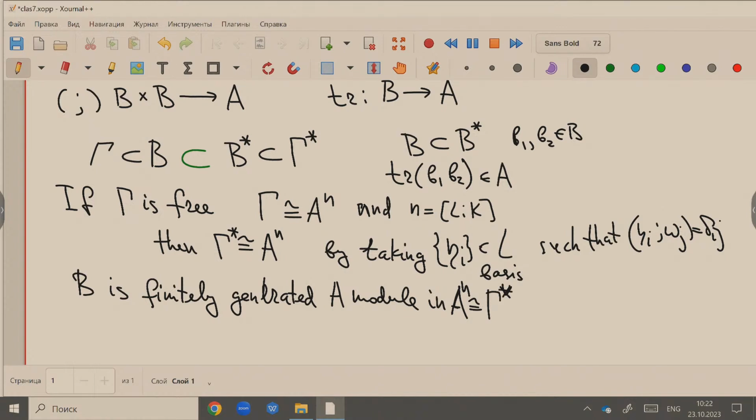And by the Noetherian property, this implies that B is Noetherian as a ring. Which is completely non-trivial, because if you start with a Noetherian ring, nobody guarantees you that the integral closure is a Noetherian ring as well.